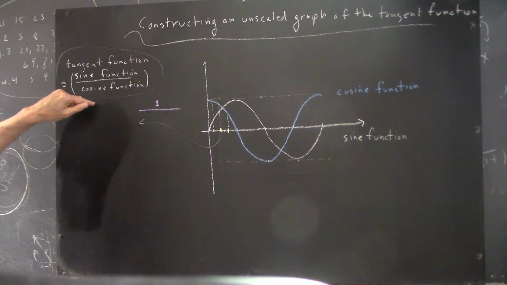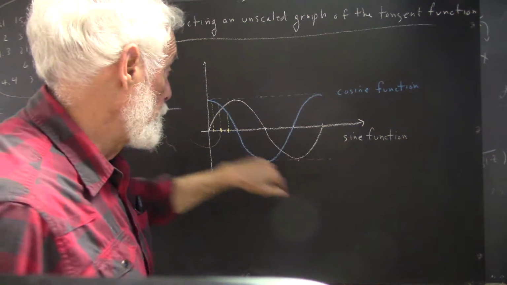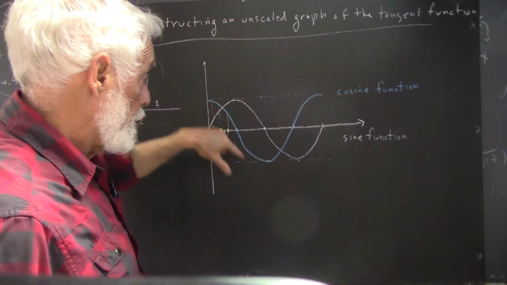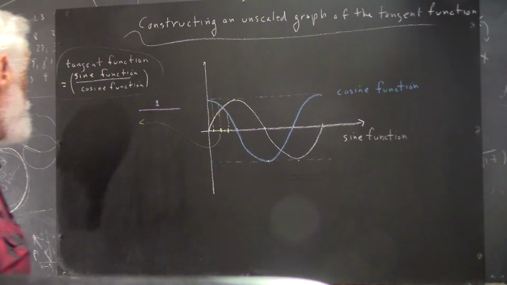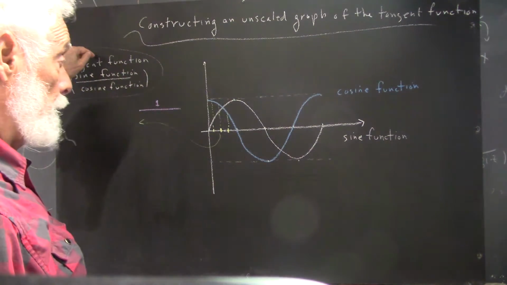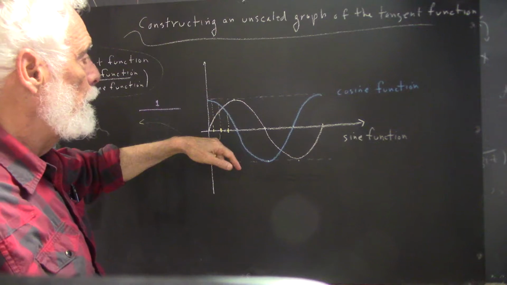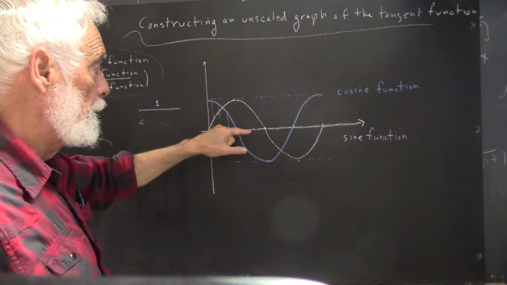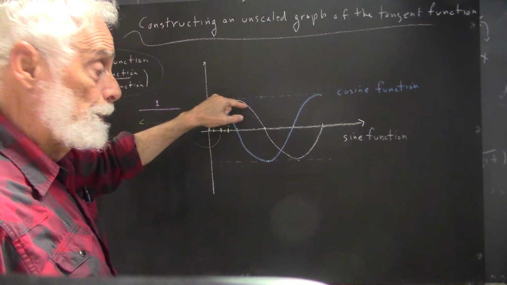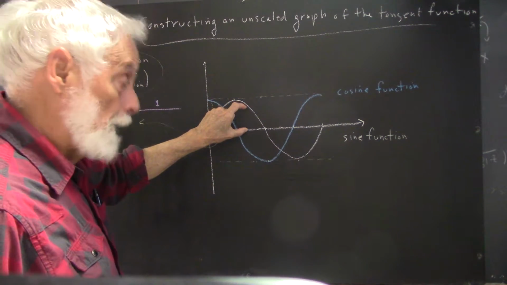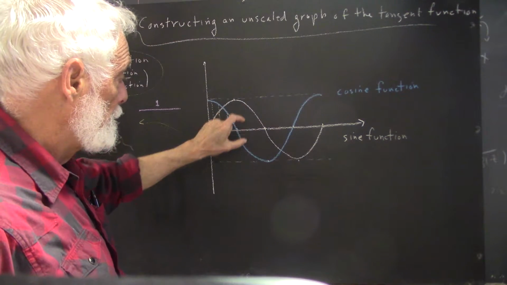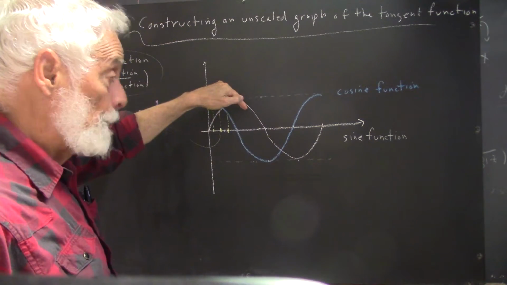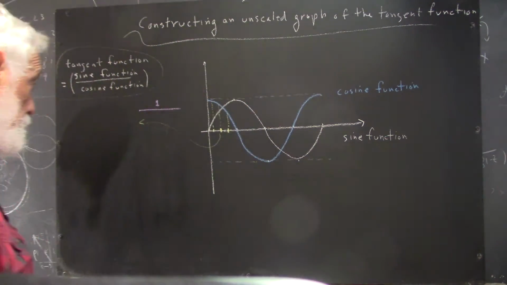And what I mean by this is for any horizontal coordinate on an unscaled graph of a sine function and corresponding graph of the cosine function, the value of the tangent function is the coordinate of the sine point divided by the coordinate of the cosine point, in other words, the length of this segment divided by the length of this segment, and of course in this case we have a positive segment and a negative segment, so it's going to be negative.